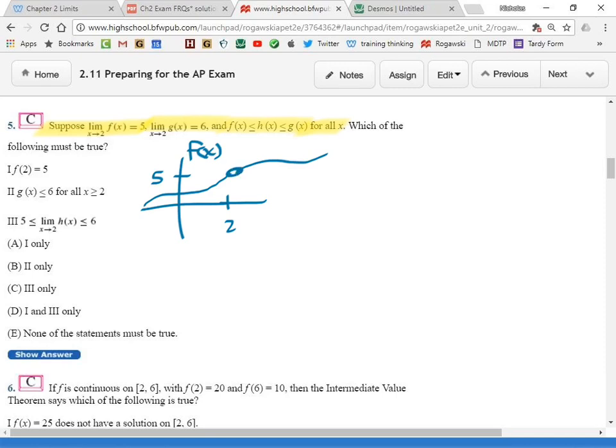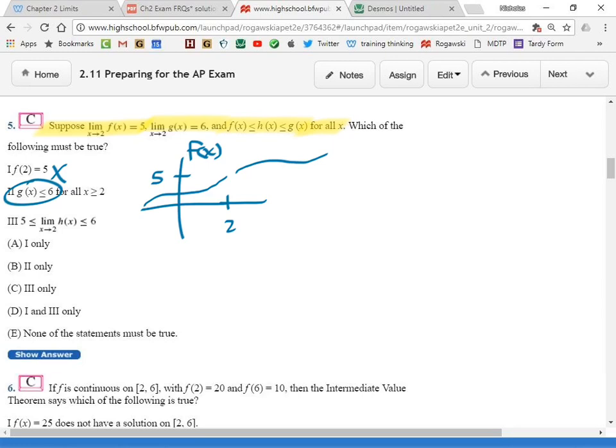So now, could we have a solid dot there? Yes, that's possible. But could we have an open dot there? Yes, that's also possible. So we don't know this. If this is true, then we know there's a solid dot there, but we don't know if we have a solid dot there. It could be an open dot. So this one is not true. I'm going to put an X next to that so I don't forget.